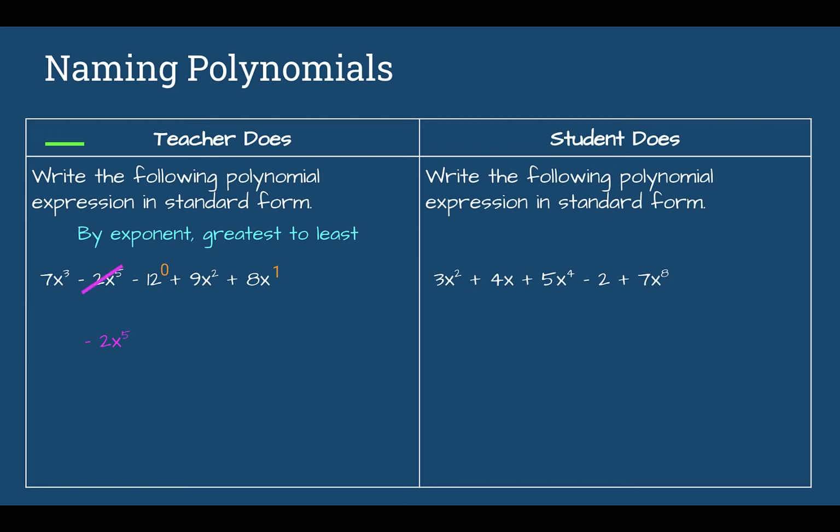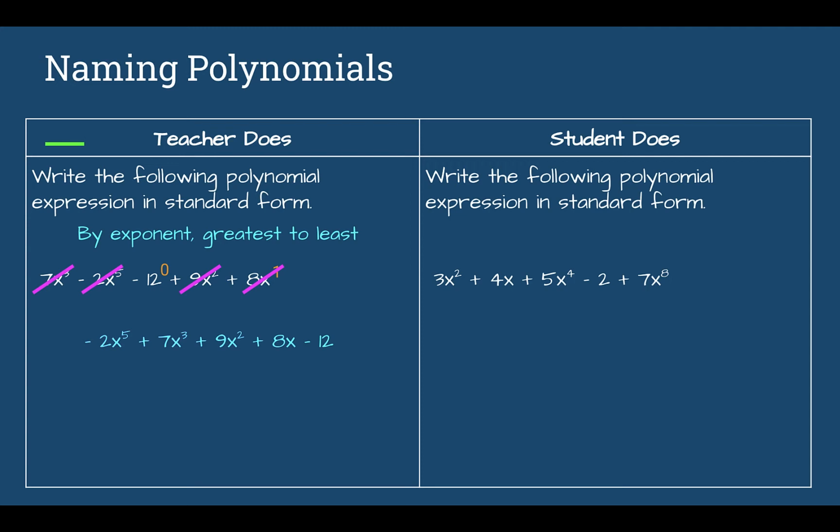Next highest exponent is the 3rd power. There was no symbol in front of it, which means it was a plus. So plus 7x to the 3rd. Cross it out. Next would be our plus 9x to the 2nd power. Then we would have 8x to the 1st power, so just 8x. And finally, we would have minus 12. So now I have them in order from largest exponent to smallest exponent.